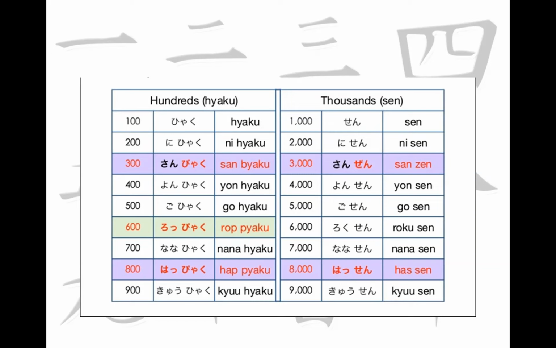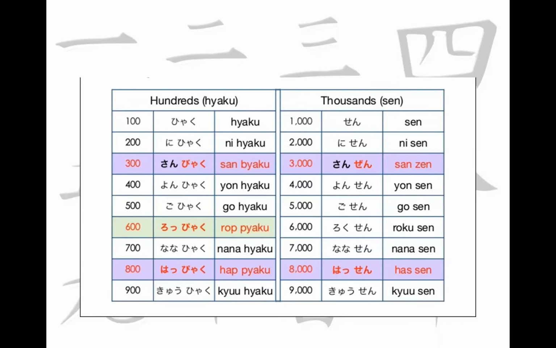Now, for 900, kyu hyaku. Again, kyu hyaku. Now, slowly, per syllable, kyu hyaku, 900.